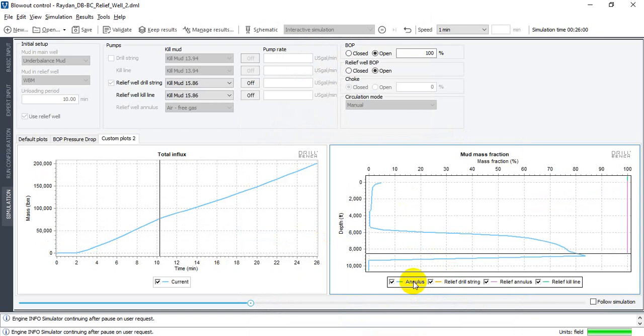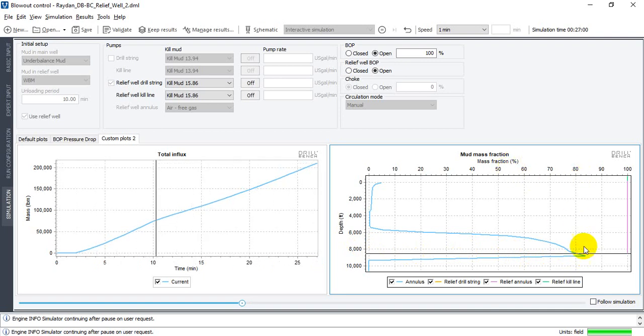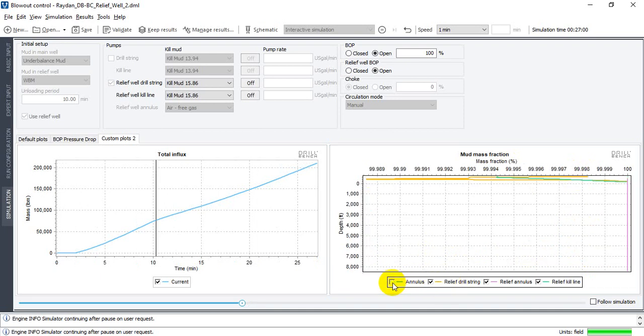For mud at the annulus we have the fraction at the depth of 8,000 feet and 8,300, for example. The mass fraction is more than 83% in the annulus. But the relief well is okay.